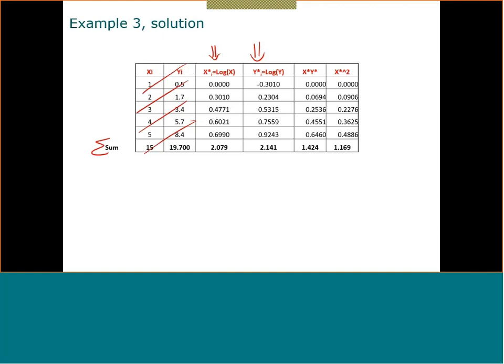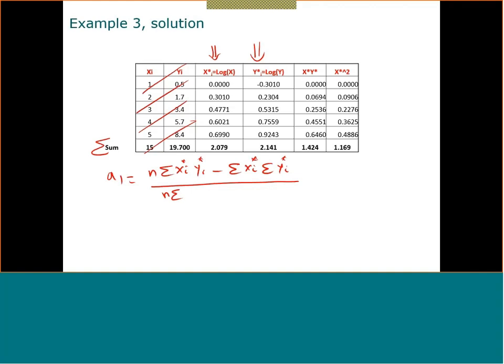Now, after I set my table, I can start finding my A1 and A0. Your A1 is basically n, which is here. Let me write the equation: n summation of x of i star times y of i star, minus summation of x of i times summation of y of i, divided by n summation of x of i square minus summation of x of i all square.